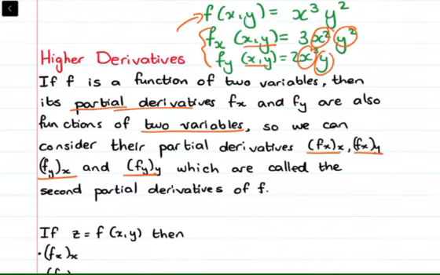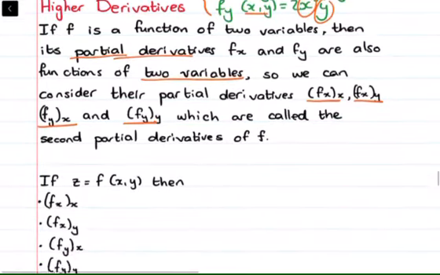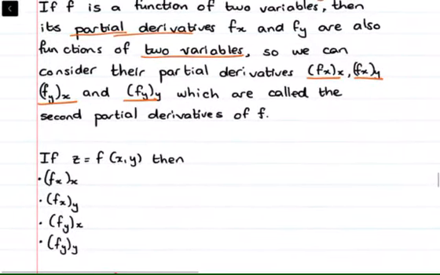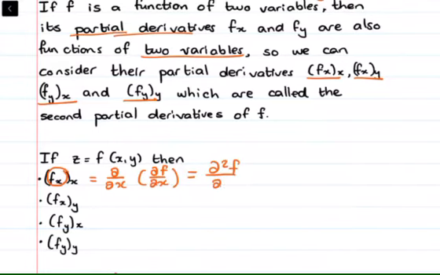Now, for notation purposes, what is happening exactly with this notation, fxx? It means that we are taking the derivative with respect to x of a function. Remember, how can we write fx? It is df dx, right? Which then we can write as d squared f over dx squared.